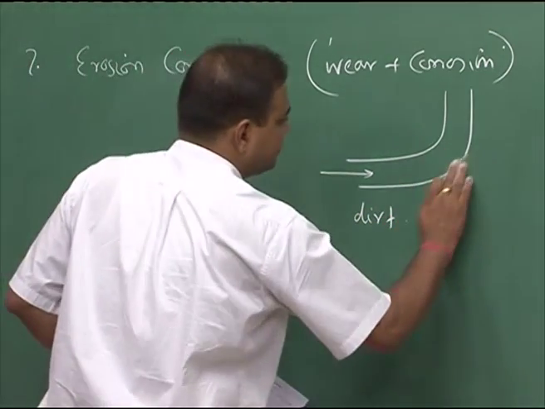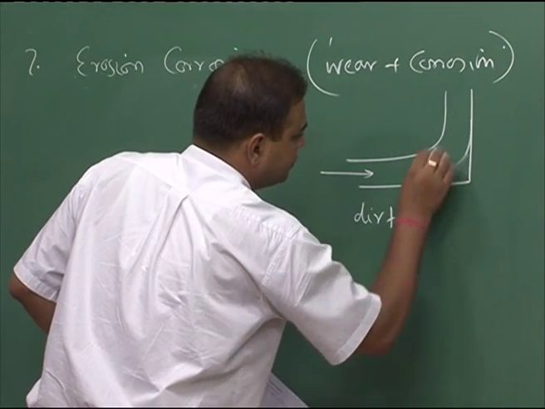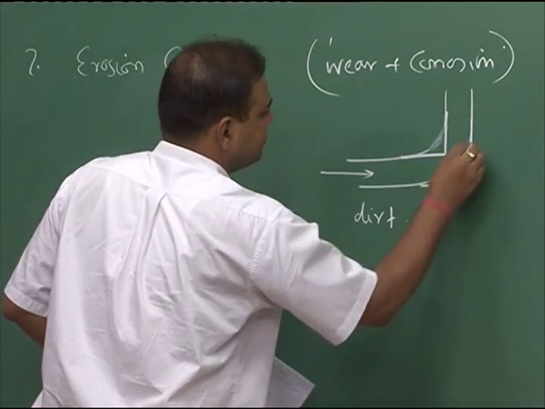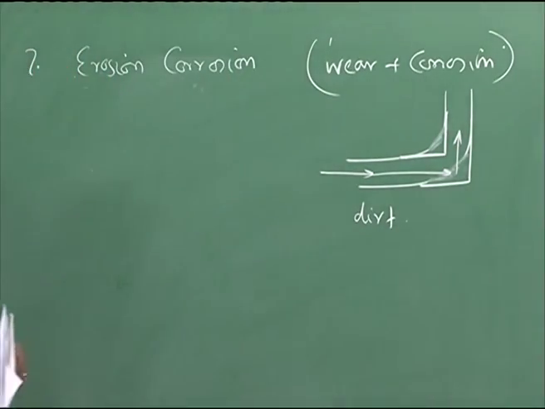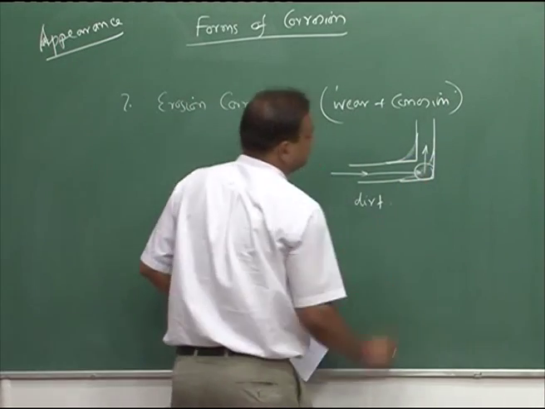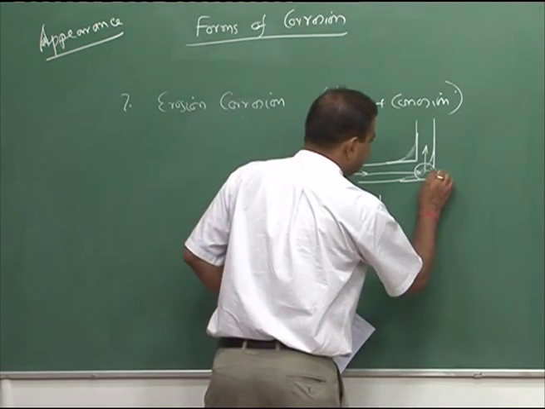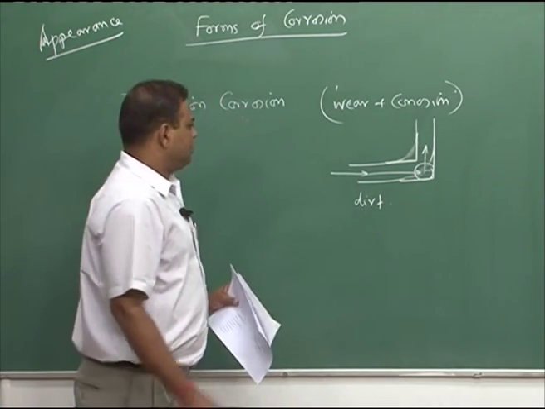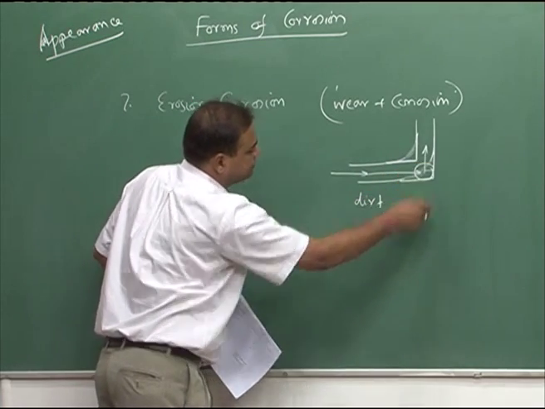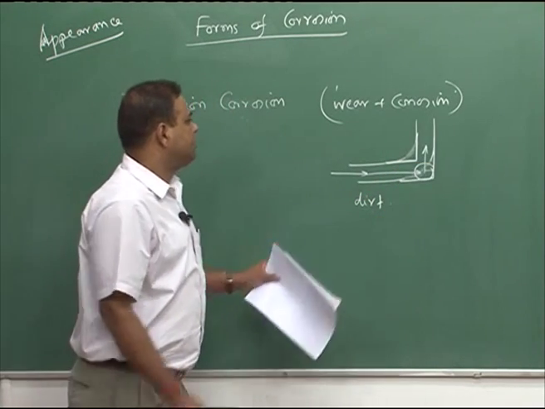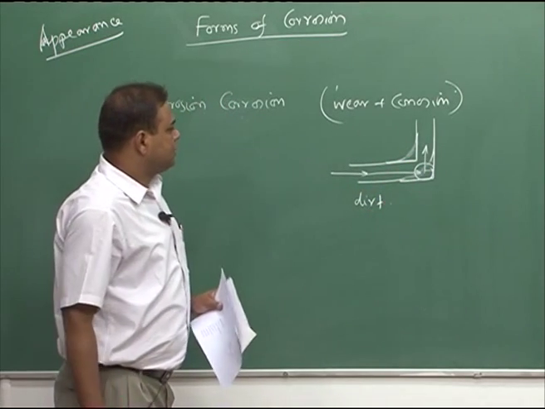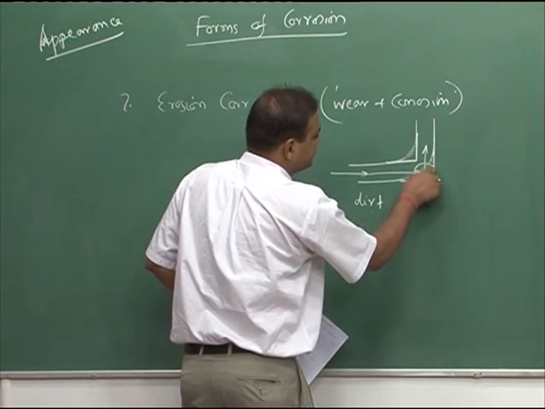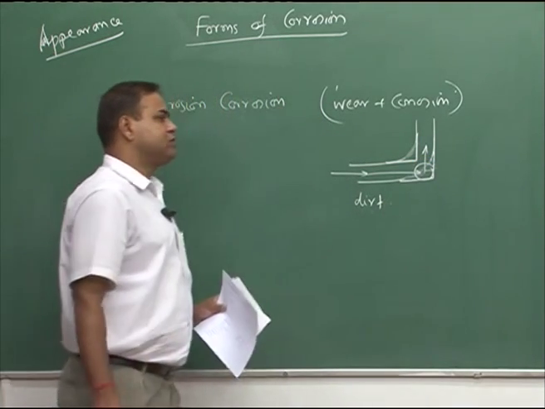Let us say this is a sharp bend. When the flow takes a change in direction, in this part there would be a severe interaction between dirt and this surface, and the dirt would have a sort of wear action. As well as this wear action, there is electrolyte, so corrosion is also taking place simultaneously.